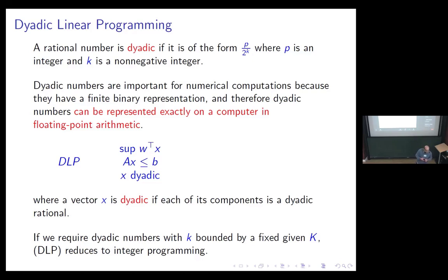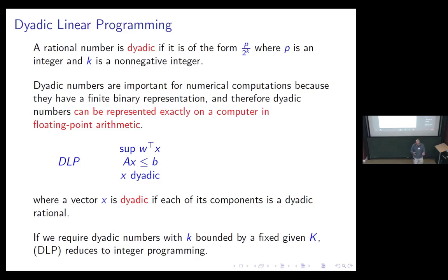So we're going to look at dyadic linear programming, so standard LP, where in addition, we would like our solution vector to be dyadic. And that means every component of the solution vector is a dyadic rational.